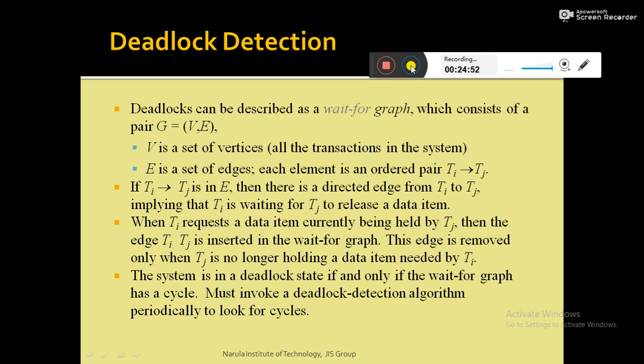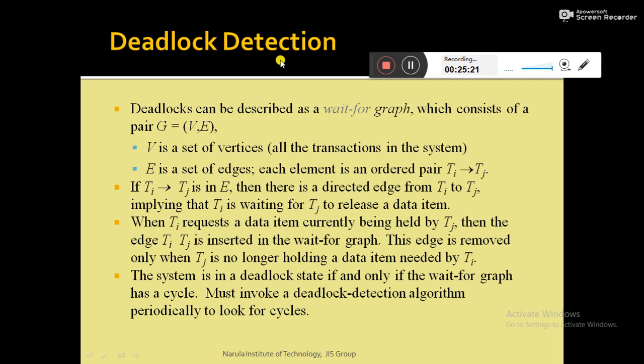In that case, we have to devise a technique which will detect whether deadlock is present or not in the system. And after detecting that deadlock is there, we have to recover from the deadlock. So we have to devise another technique for deadlock recovery.